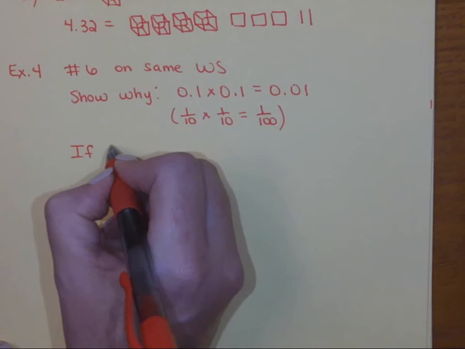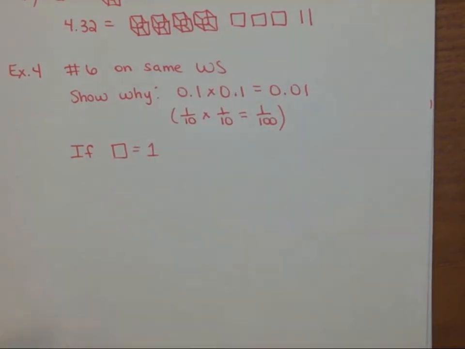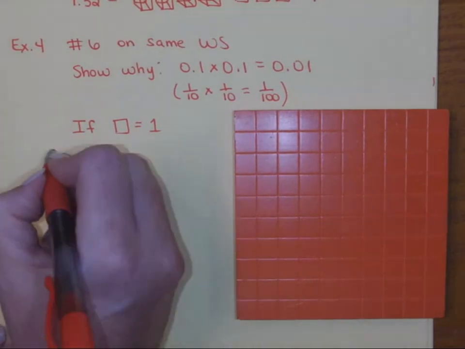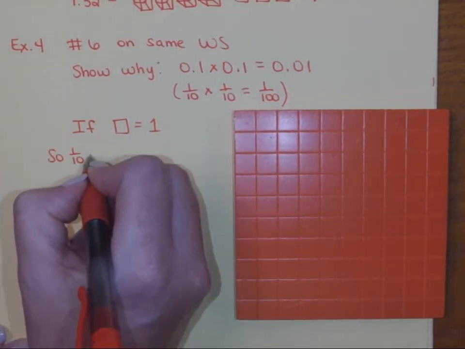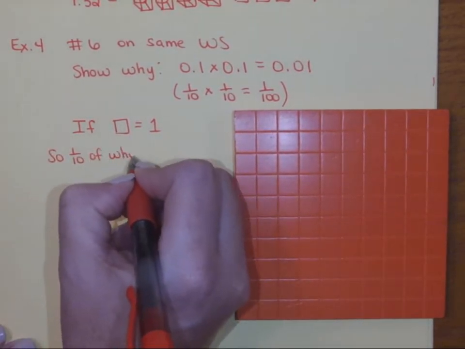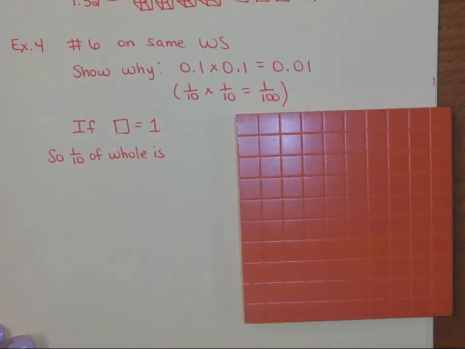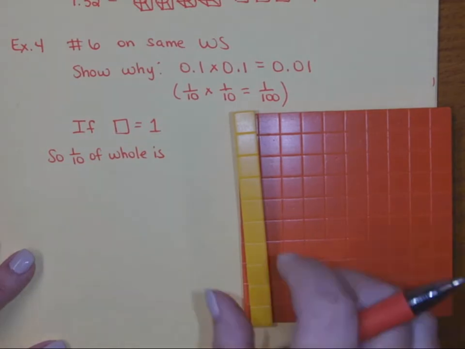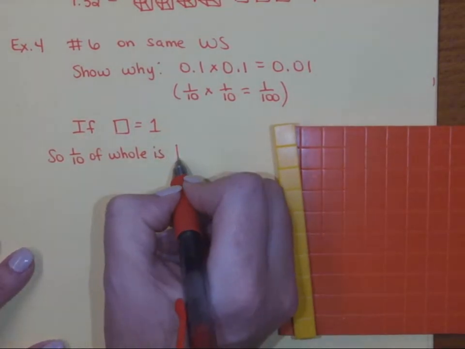Okay, so let's kind of talk about that. So what if your flat is a whole? Okay, so let's kind of scoot that in here. Okay, so what would 1/10 of the whole be if the flat is the whole? Like what shape is it, right? What would 1/10 of that flat be? Well, it would be a long, right? Okay, so 1/10 of the whole is a long.